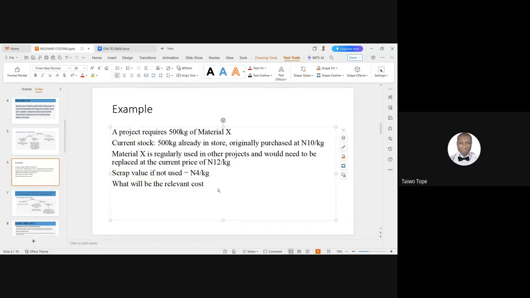So the relevant cost is 12 naira. That is the relevant cost.